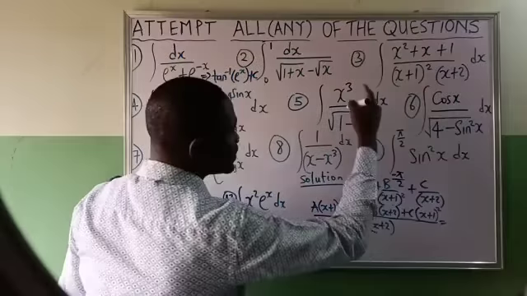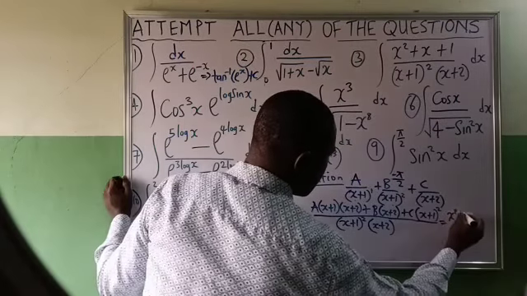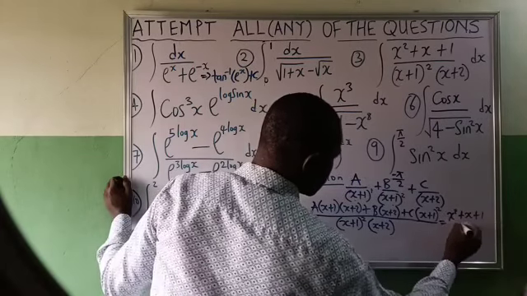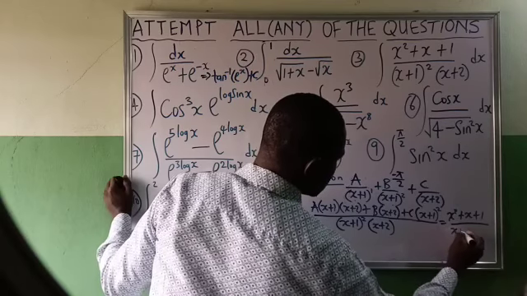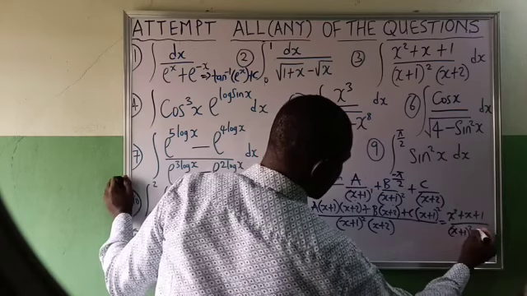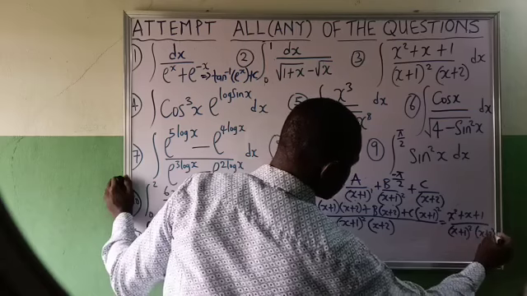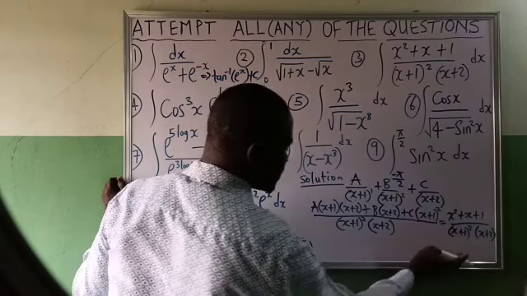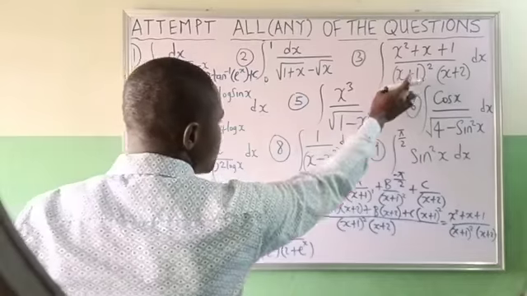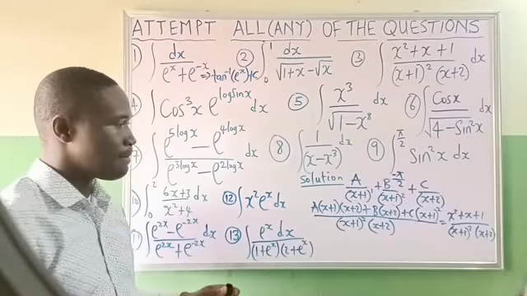I will say it is equal to x squared plus x plus 1 all over x plus 1 all square bracket x plus 2. This expression is something like this. That is where we got this from.